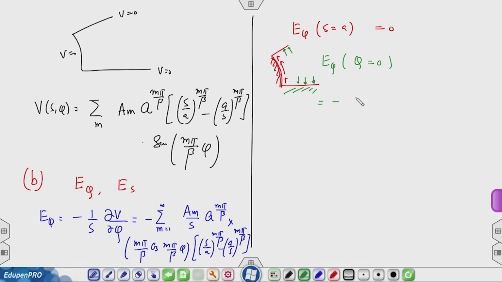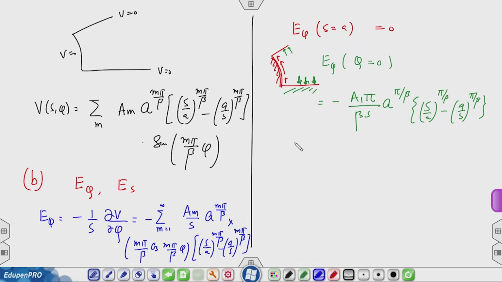I am going to take the lowest order term, and that comes out to be minus a 1 pi over beta s a raised to pi over beta, and inside I get s over a raised to pi over beta minus a over s pi over beta. And the field is in the negative direction, so the arrows I am making are given correctly.